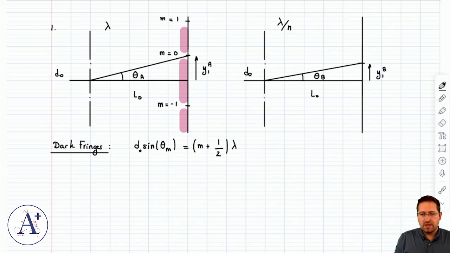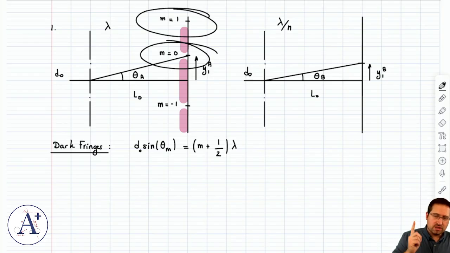So when it comes to these fringes, you have to be really clear what value of m corresponds to what fringe. And it depends if it's a bright fringe or a dark fringe because the pattern is centered on a bright fringe. But that means that when you talk about dark fringes, m equal to 0 is actually the first dark fringe above the center.